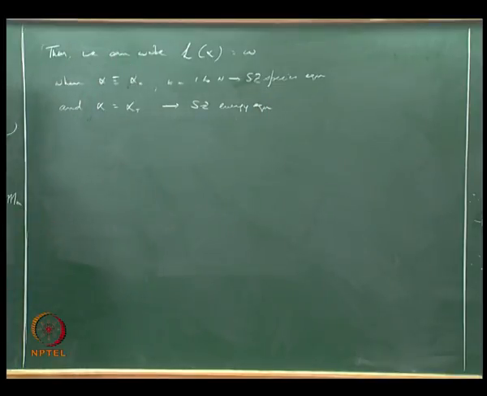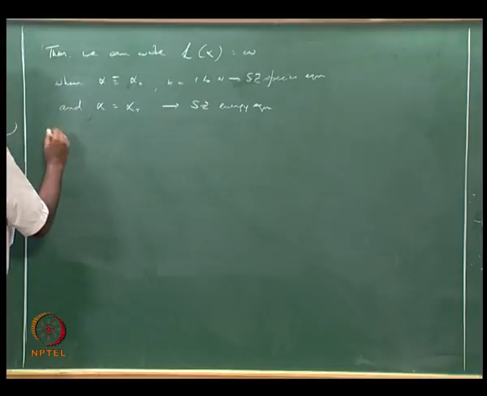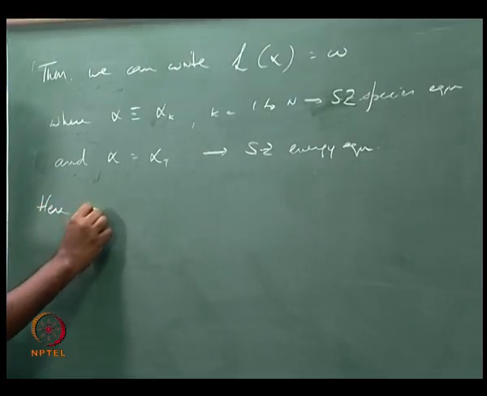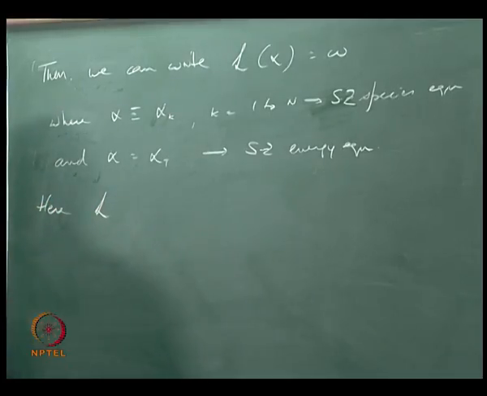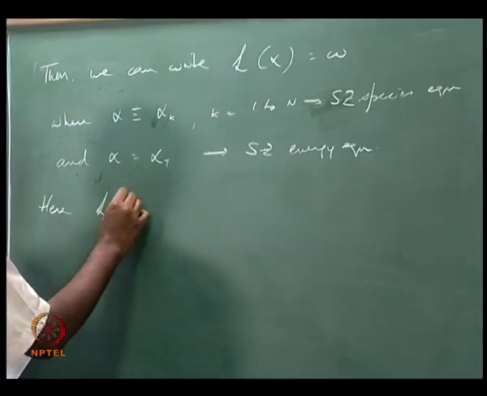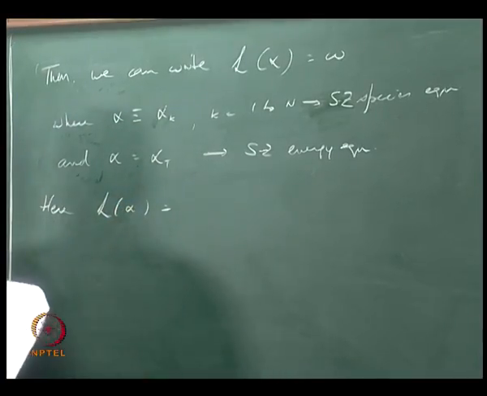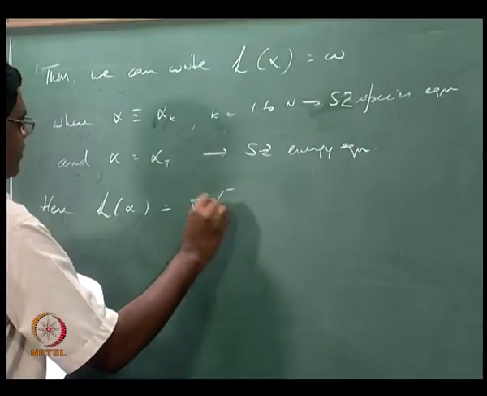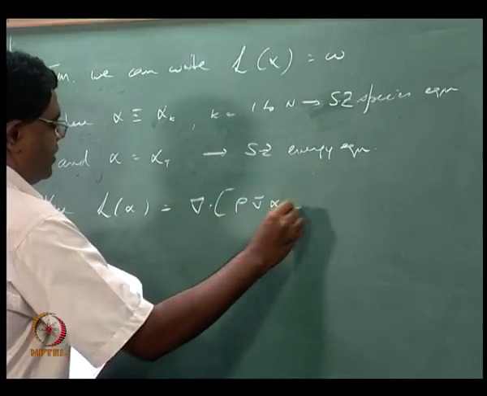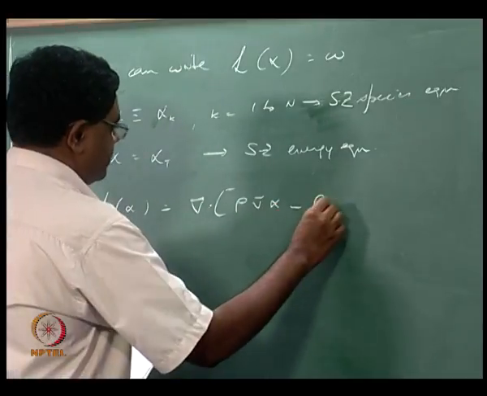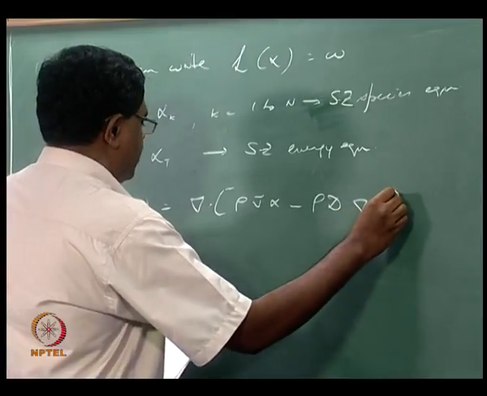So what is L for us? L of alpha is divergence of rho v vector alpha minus rho d gradient alpha.